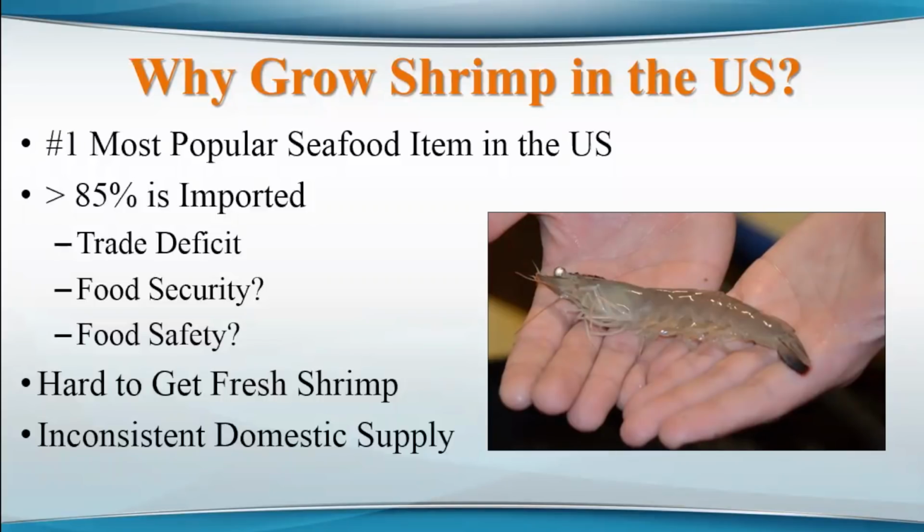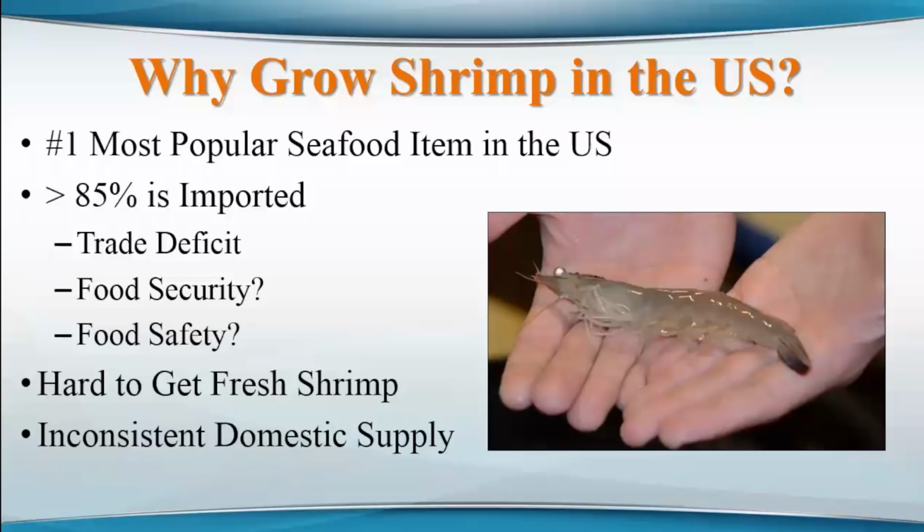Some questions over food security because we import so much of this particular food item, seafood in general, and some food safety issues at times as well. Some of the imports have been found to contain some compounds that are regulated in the United States and some things that are a little bit questionable.